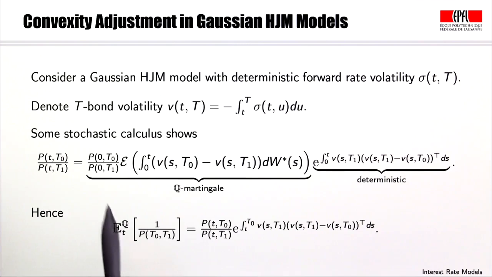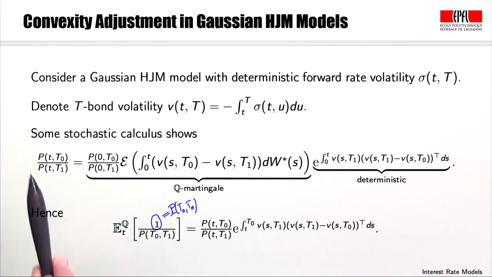This is the product of a Q martingale times a deterministic function of time. From this we easily infer that the conditional expectation of the terminal value of this ratio process, shown here, is given by the ratio process itself at time small t times this deterministic correction factor.